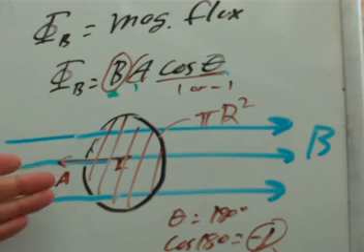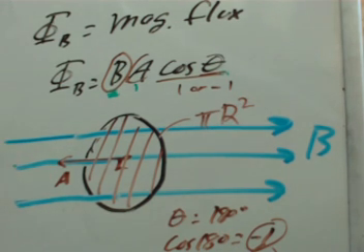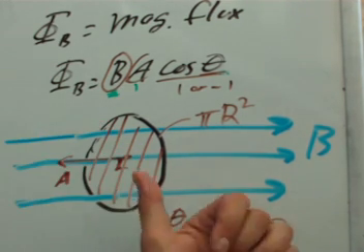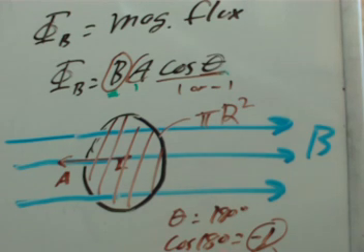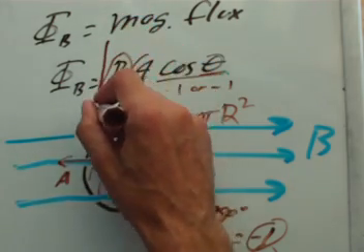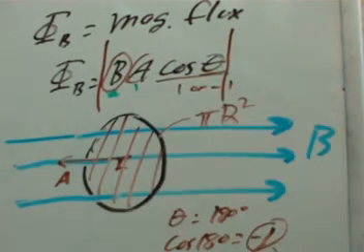In this particular configuration, the flux is a relative maximum, because I have a lot of magnetic field piercing a lot of the area. The area points the other way in this case, so the cosine of 180 is -1, but we still have a relatively large amount of flux going through the loop. In some cases, to get the relative magnitude of the flux, I'll even take the absolute value. It'll be a relative extremum.